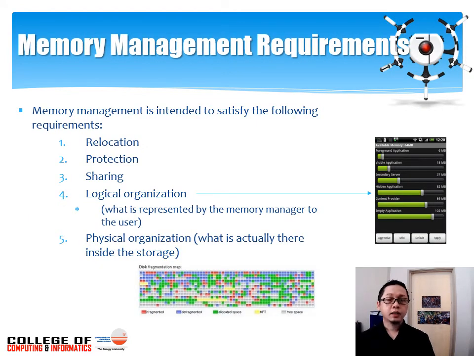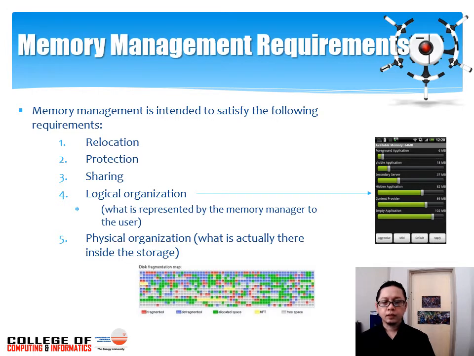First and foremost, let us get to know the requirements that are needed by the operating system in order for it to do memory management successfully. First of all, it needs to specify the relocation requirement, followed by the protection requirement, sharing requirement, logical organization requirement, and physical organization.